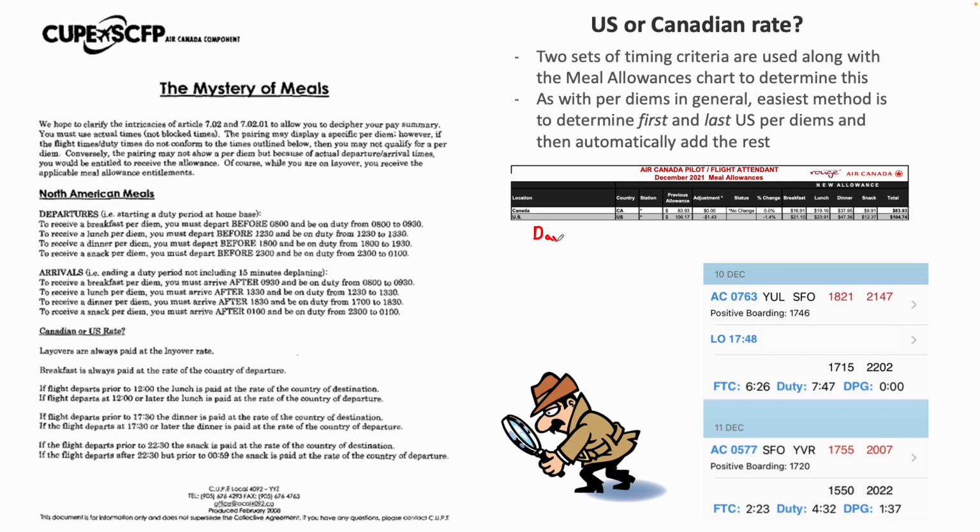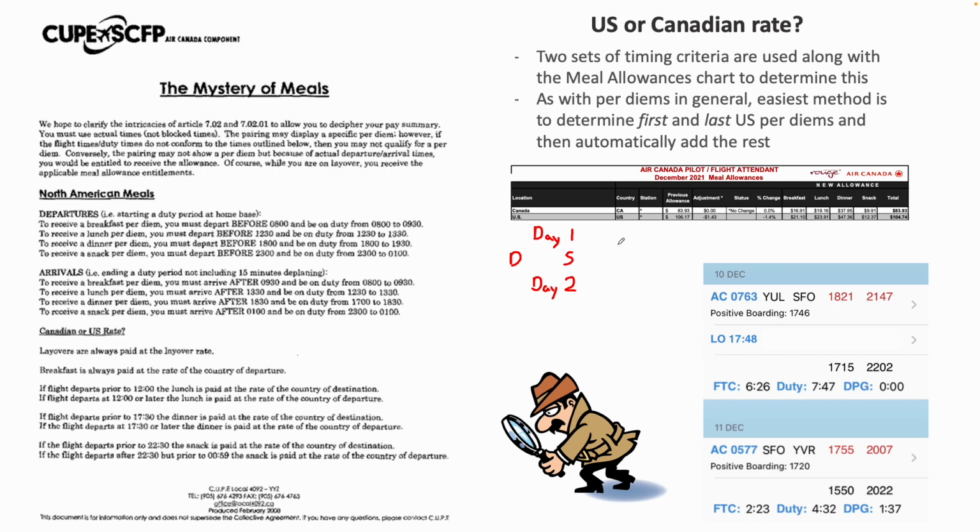But we know, and I'll just put it in so that you can see it, that we were entitled to dinner and also entitled to snack. On day 2, we know that we were entitled to all of them. And on day 3, we were entitled to breakfast, lunch, and dinner.